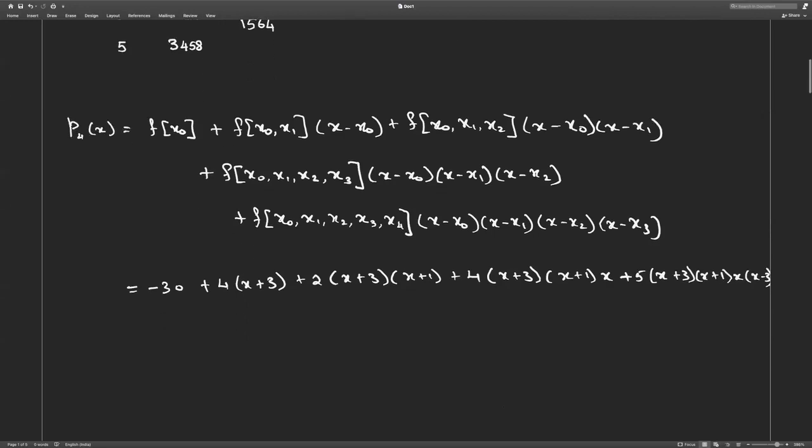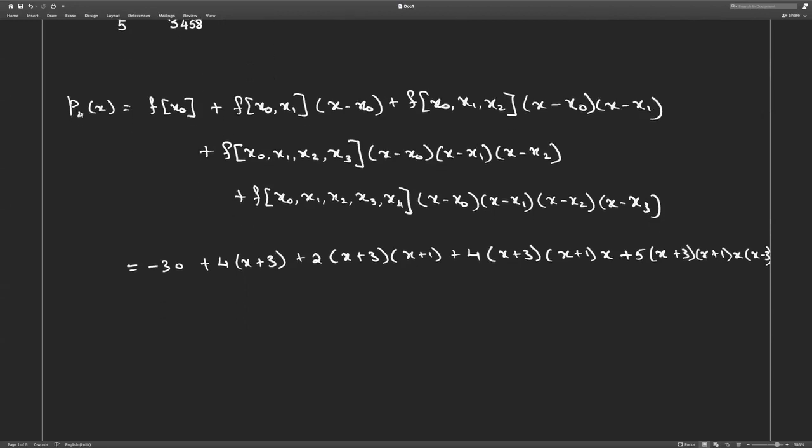You can either leave it here or you can simplify it from the examination point of view. But if you prefer to simplify it, it gives you 5 into x power 4 plus 9 into x cube minus 27 into x square plus minus 21x minus 12.